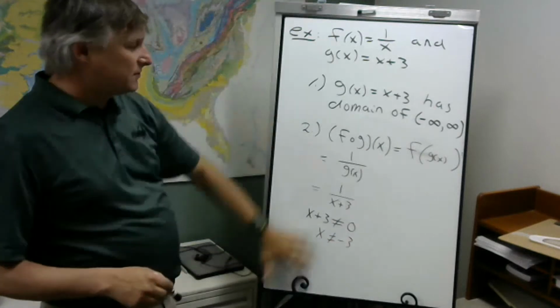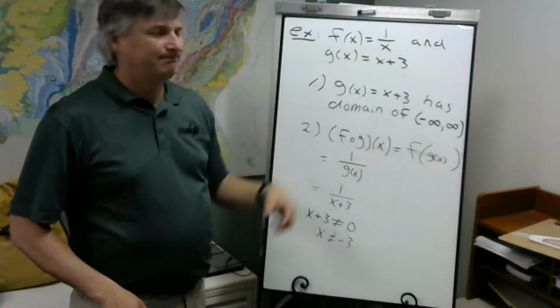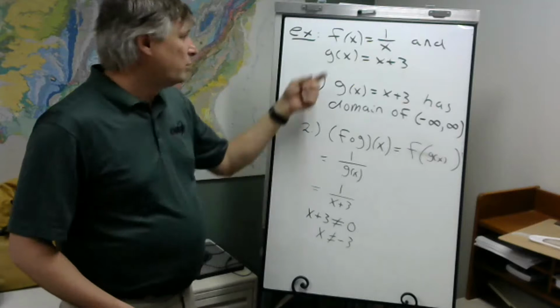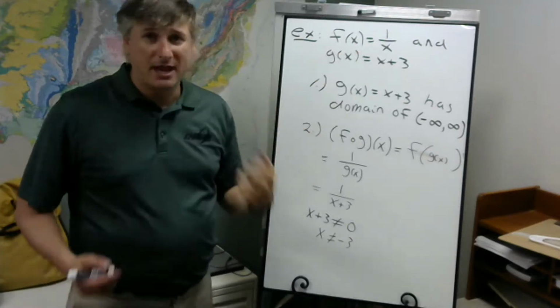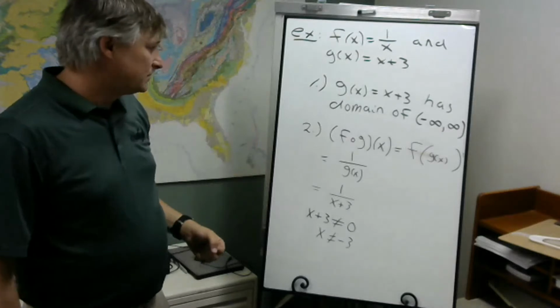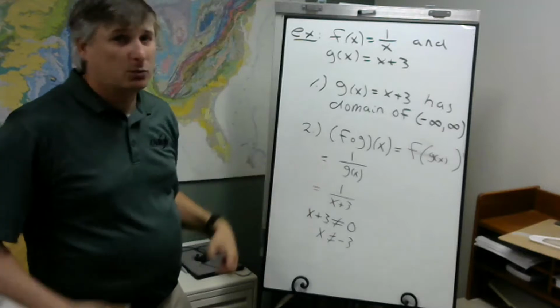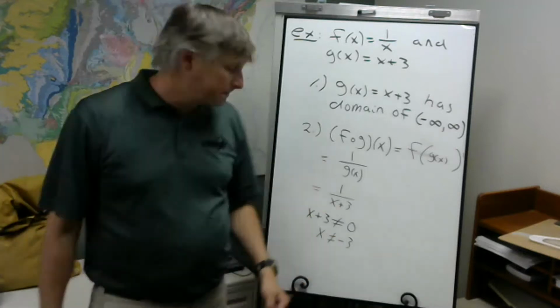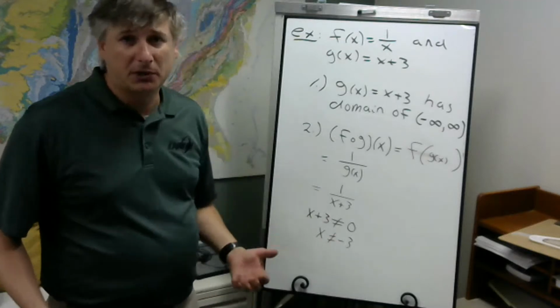So that means the domain for this composition, even though g of x can take any value of x, we've got to be careful. When g of x becomes 0, we'll get 1 over 0, and that's going to be a problem. So what causes g of x to become 0? Well, when x is -3, it becomes 0.